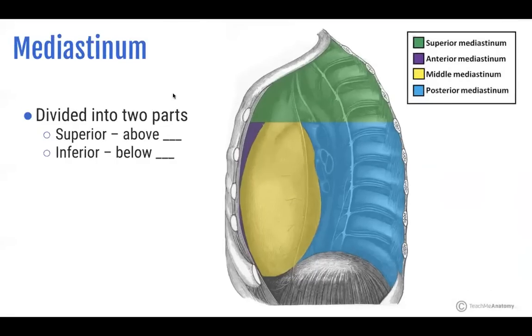T4, angle of Louis. Yes. So T4, the angle of Louis, is what separates the superior from inferior. And the inferior is further divided into three separate compartments: the anterior, middle, and posterior.